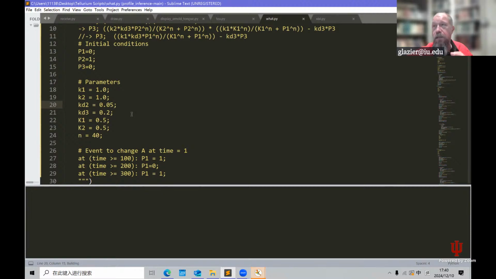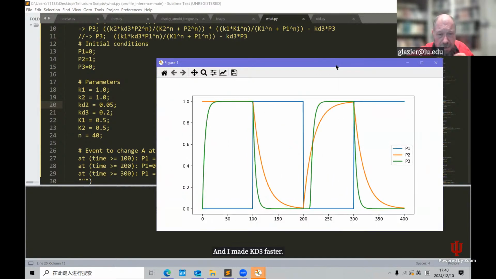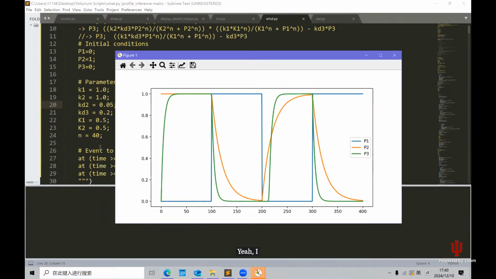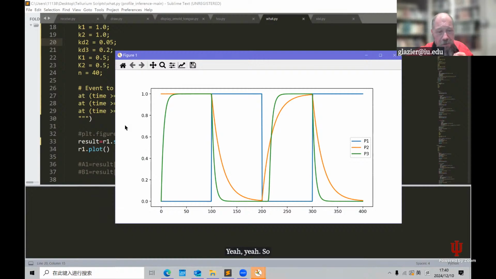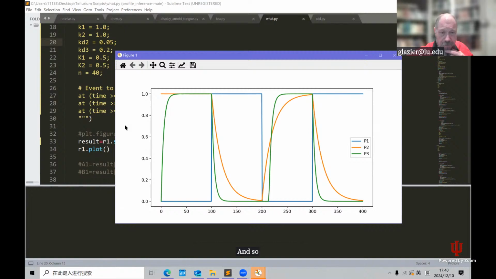And I made KD3 faster. So yeah, here you see P3 turns on when P1 is off. When you turn P1 on, it turns off, and vice versa.